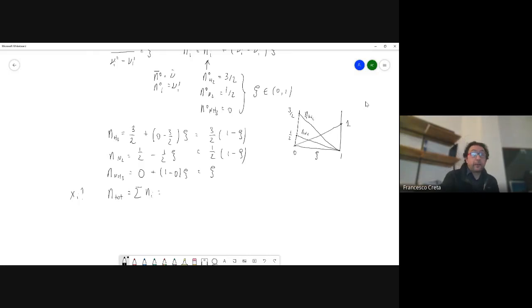So I have to sum this, plus the number of moles of nitrogen, plus the number of moles of ammonia. What do I get? If I haven't made mistakes, 2 minus psi.